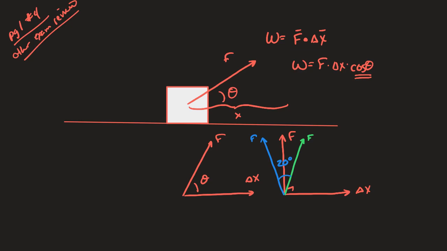So if the green F and the blue F are both the force part of the vector product and delta x is the other part of the vector product, then you'll notice that the green F has a positive component in the direction of motion, and the blue F has a negative component in the direction of motion.